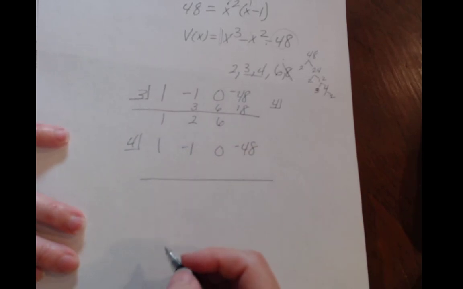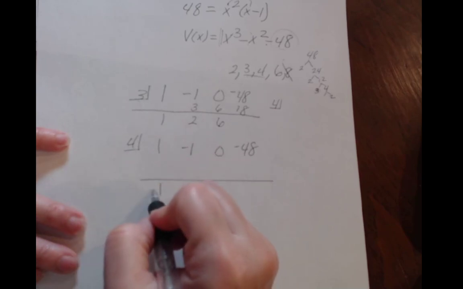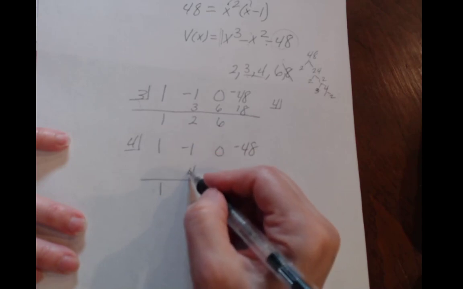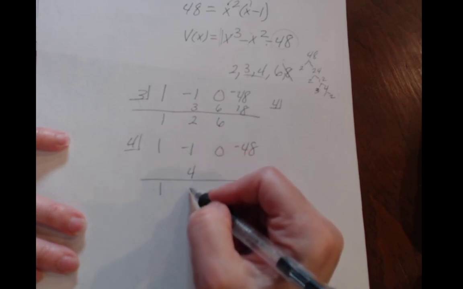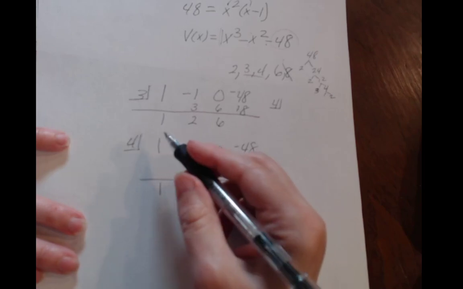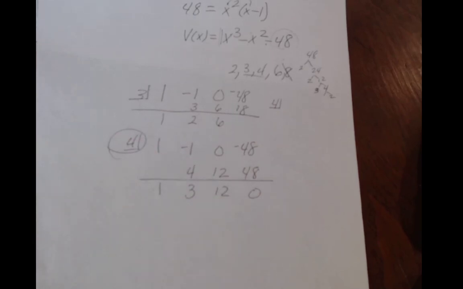I think this looks really promising. 1 times 4 is 4, that adds up to 3. Times 4 is 12. 4 times 12 is 48. So 4 is a solution.